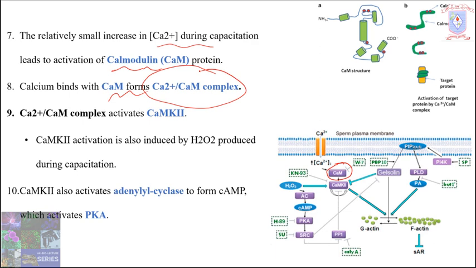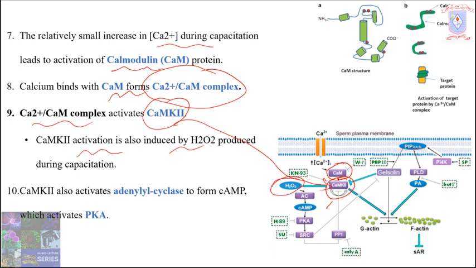Okay, and the calcium calmodulin complex activates another protein named CaMKII. Here you can see this CaMKII. Okay, and CaMKII activation is also induced by another molecule, that is H2O2.